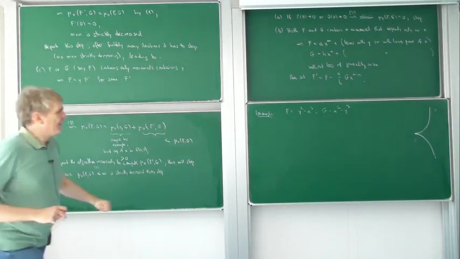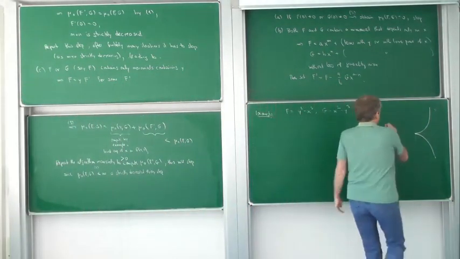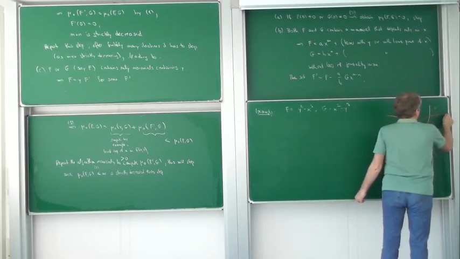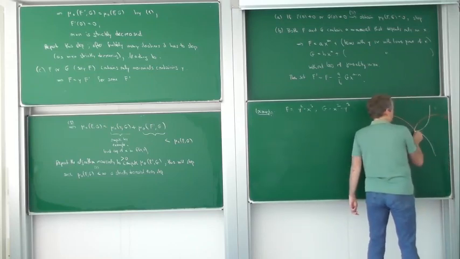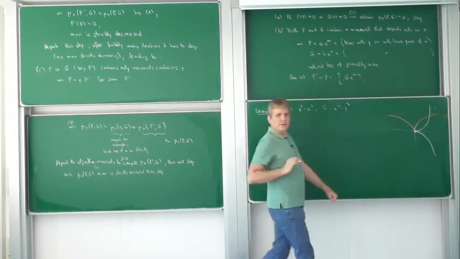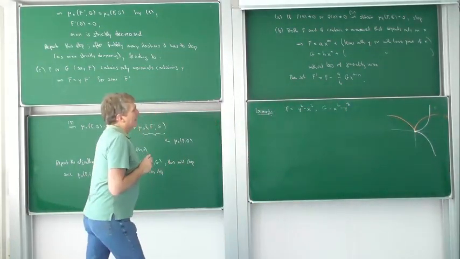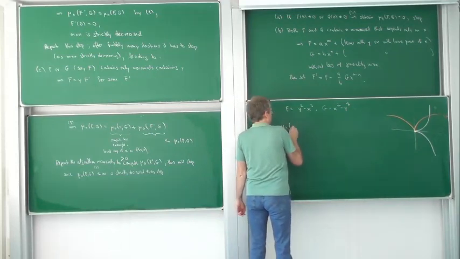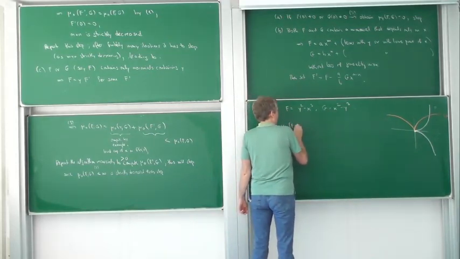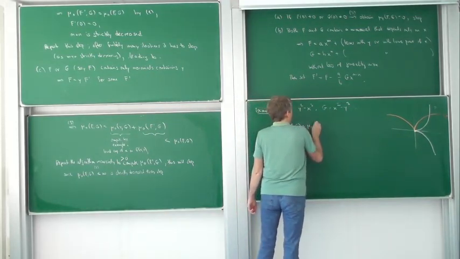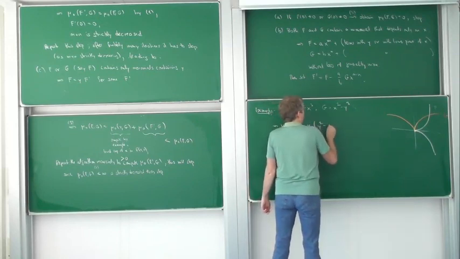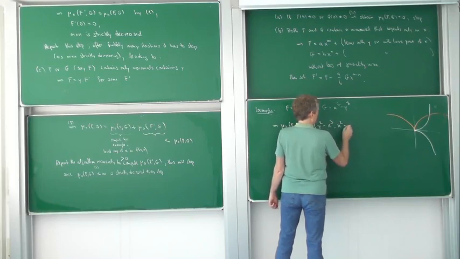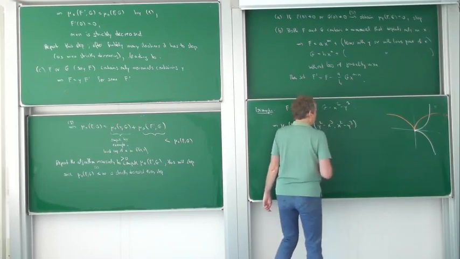So that would look like this. So that's two curves that do some weird thing here at the origin, and we want to compute its intersection multiplicity. So then we can just use the algorithm. So mu 0 of f and g. Copy this. So it's mu 0 of y squared minus x cubed and x squared minus y cubed.